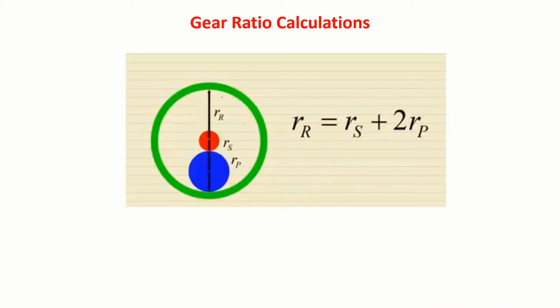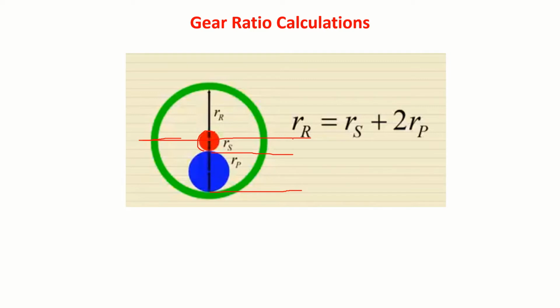For that, this is the sun gear. If I just draw a horizontal line through the center, this will give you the radius of the sun gear. This will give you the diameter of the planet gear, or 2 times the radius.